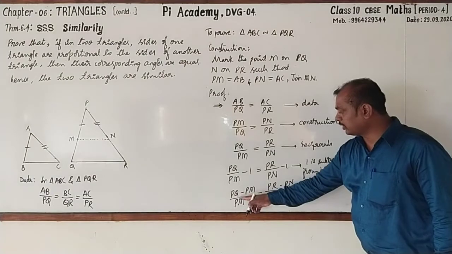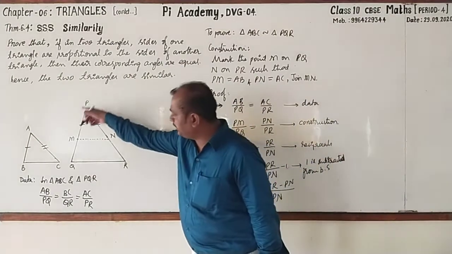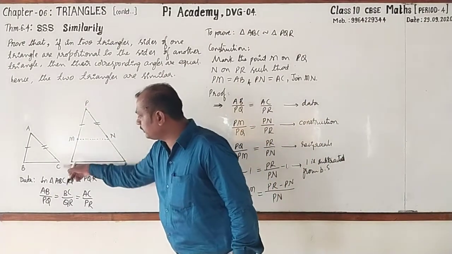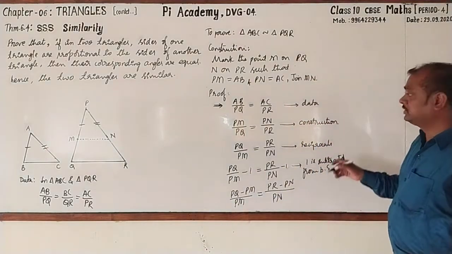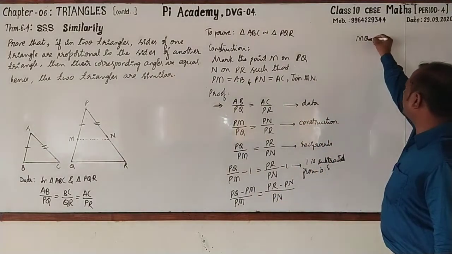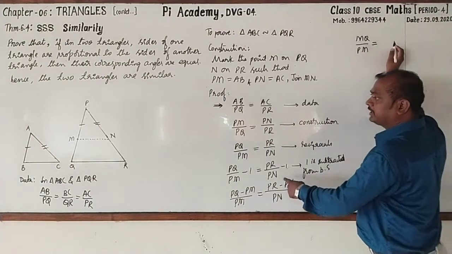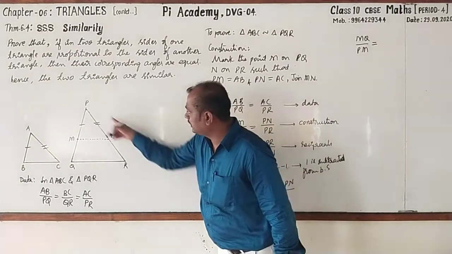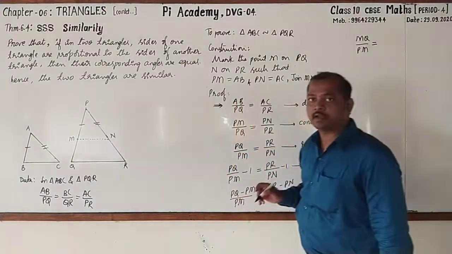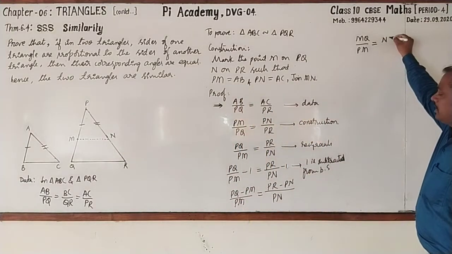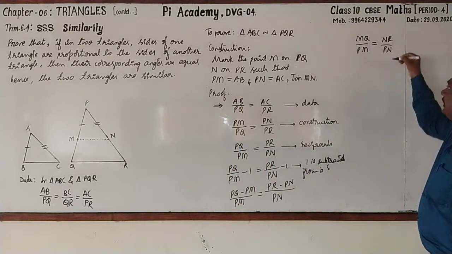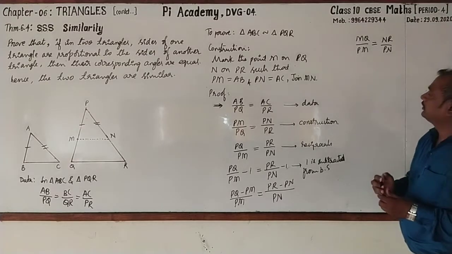Followed. Now could you tell what is PQ minus PM? PQ minus PM, it will be MQ, right? This MQ by PM is equal to PR minus PN, and PR minus PN is NR, by PN. Followed.